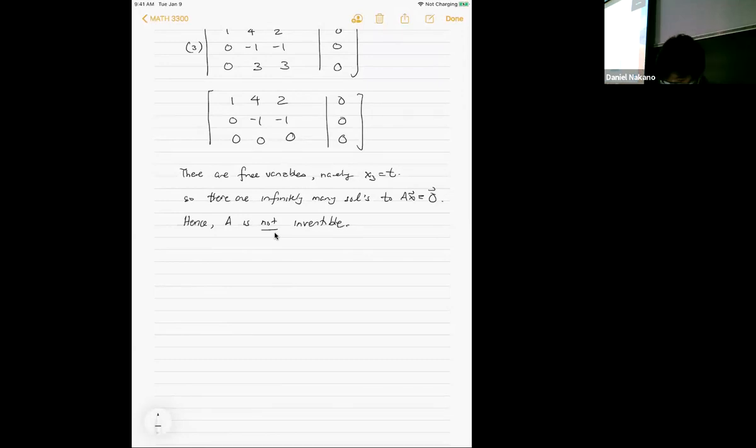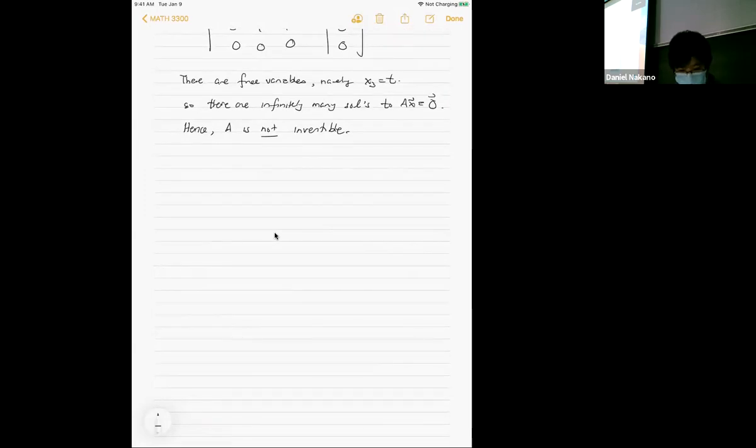Now let me mention a little bit about what inverses are in terms of linear transformations. Let T from Rn to Rn be a linear transformation.